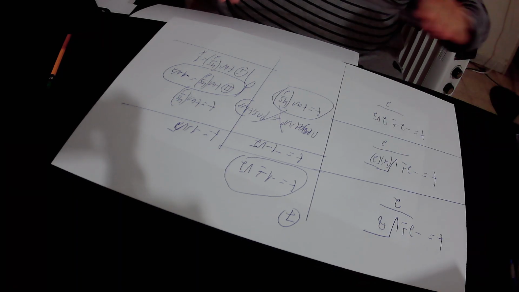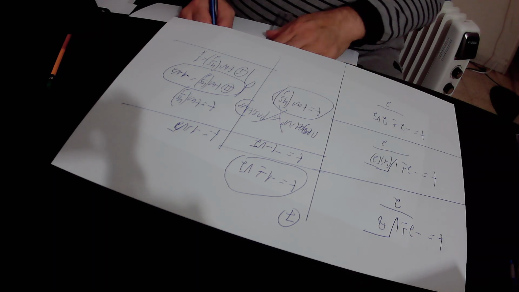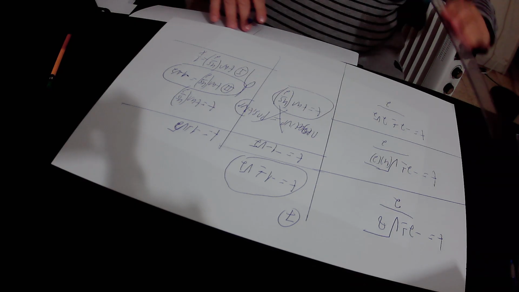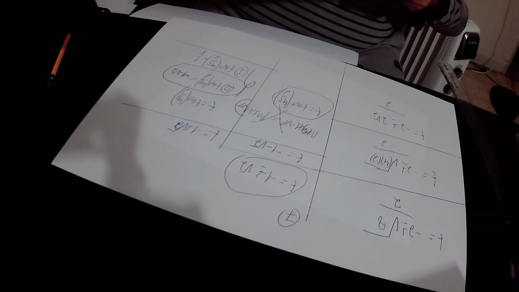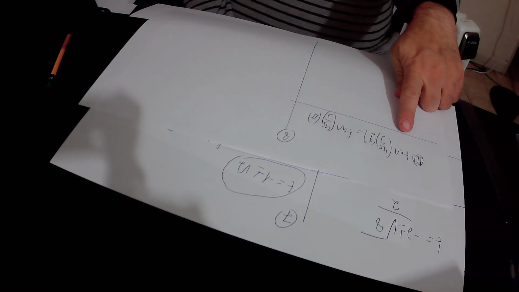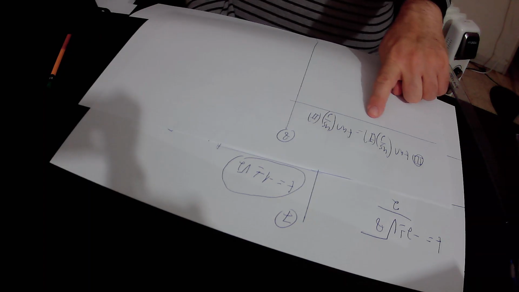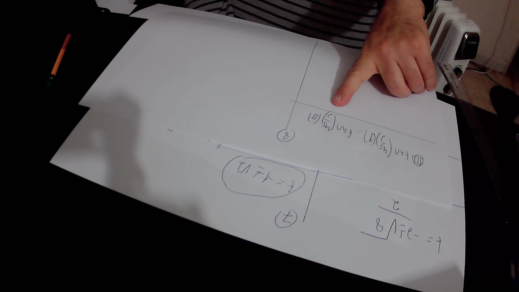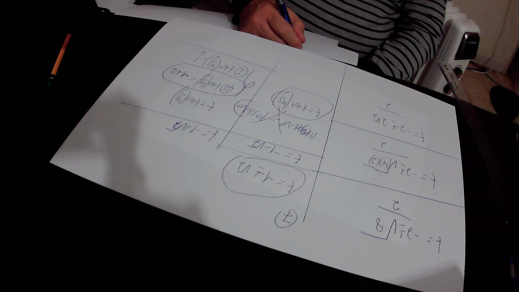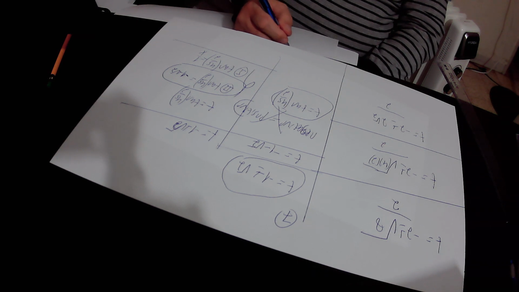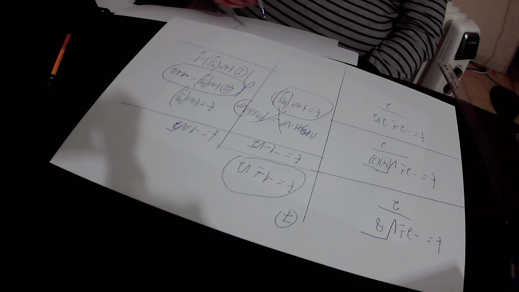Tangent 45 over 2 degrees according to equation number 1 is 1 over x, and it must be equal to tangent 45 over 2 degrees according to equation number 2, that is minus 1 plus square root of 2.